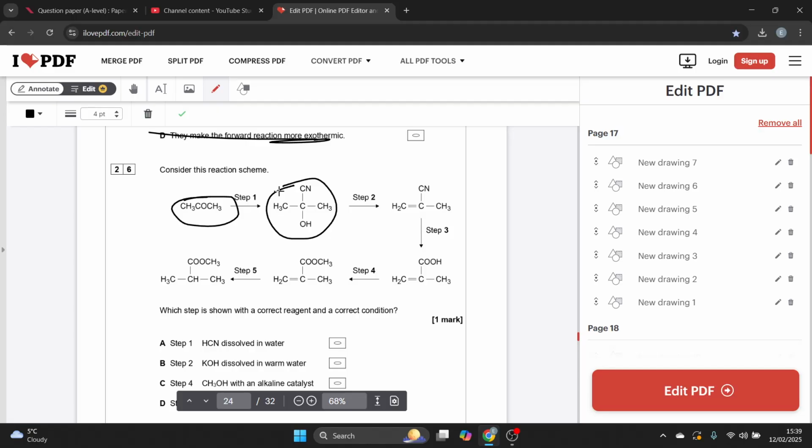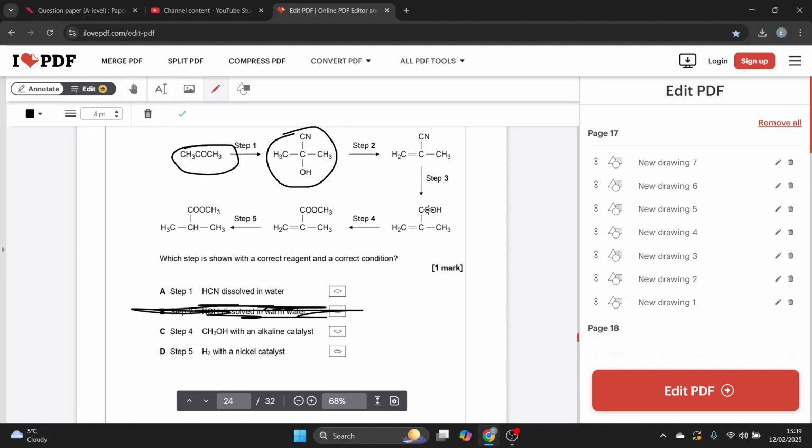Or step 2, potassium hydroxide dissolved in warm water. I'd form an alkene. In warm water, no. CH3OH with an alkaline catalyst.